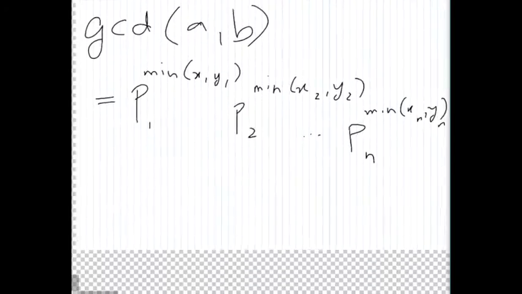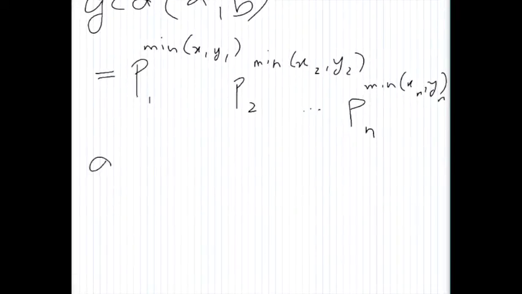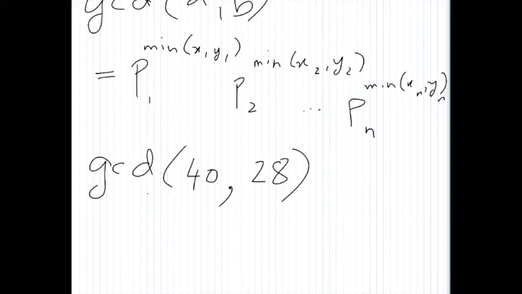Okay, now let's see an example of this. For example, the GCD of, try to give me some numbers, 40 and 28.